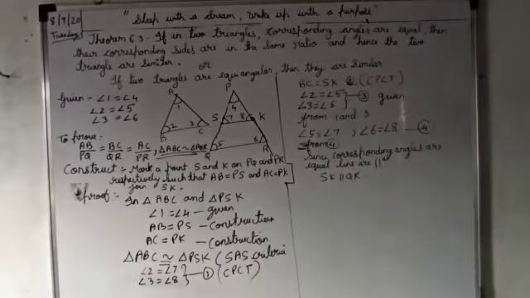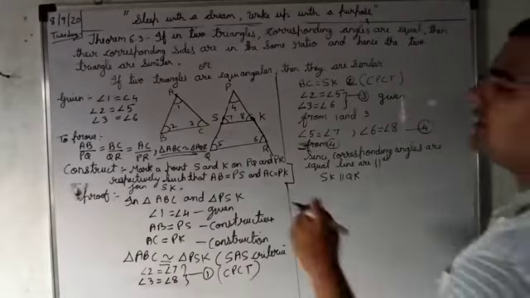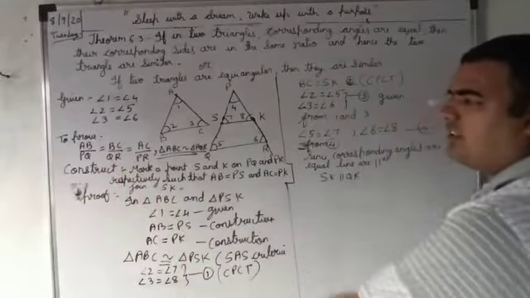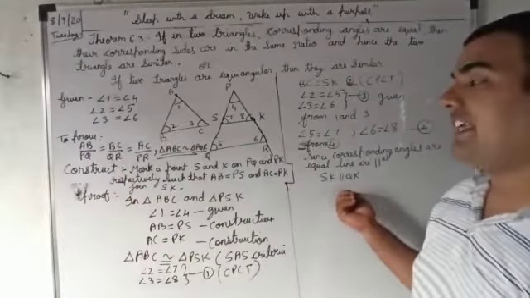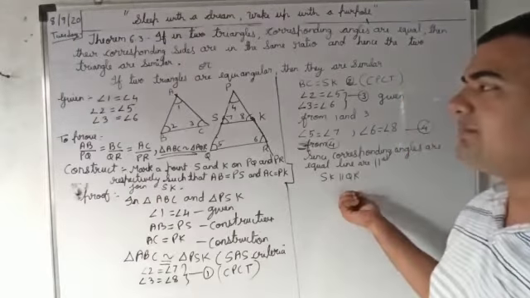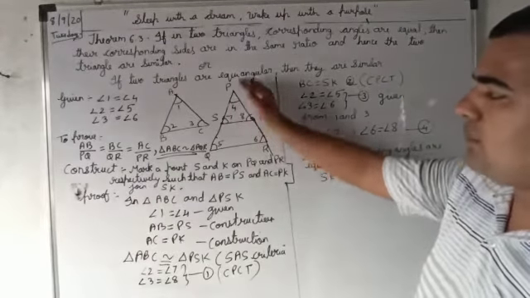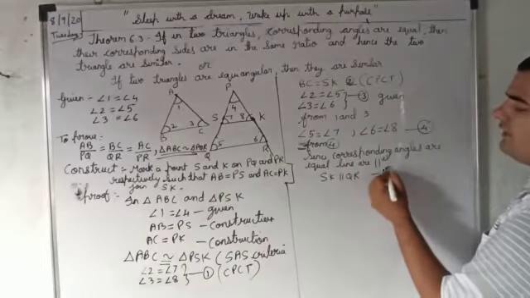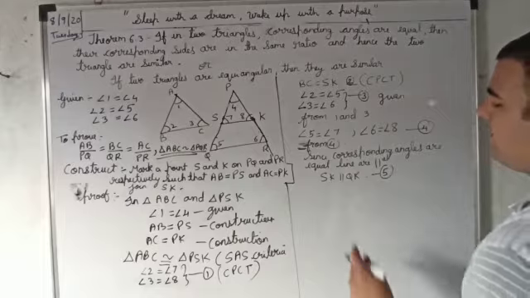SK is parallel to QR. But we want to show this proportion. Now you got SK parallel to QR. Can we use the corollary of Thales theorem, that is, the corollary of BPT? That is PS upon PQ. Name this as 5.